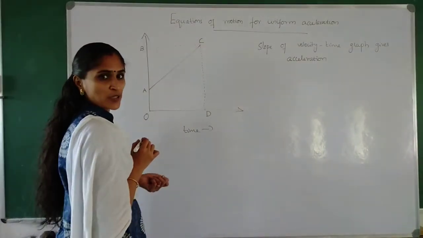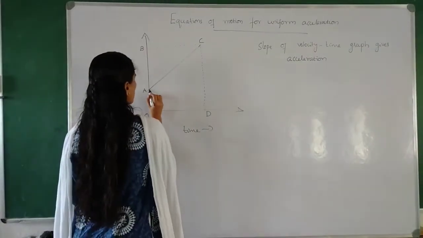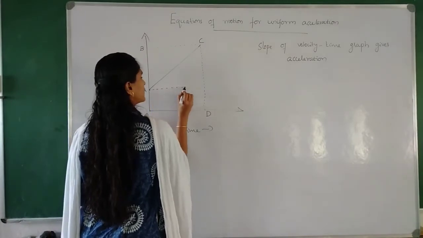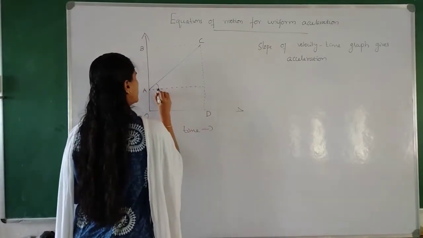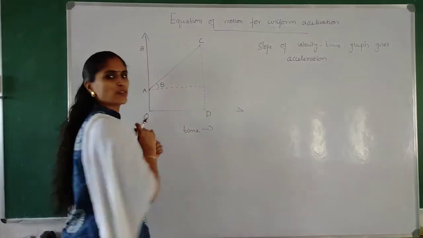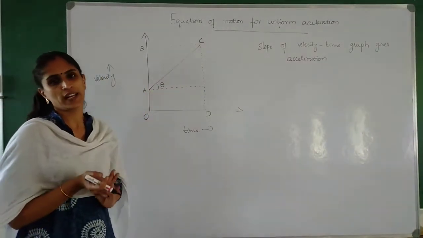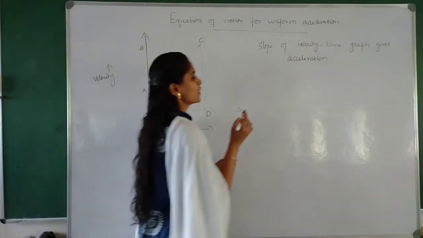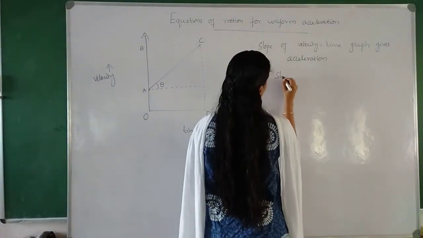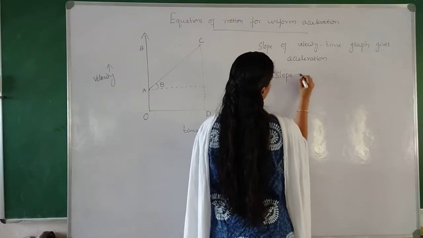And what is meant by slope? Just now I told you, slope is equal to the tan of the angle made by that line with the horizontal line. So that is known as slope.